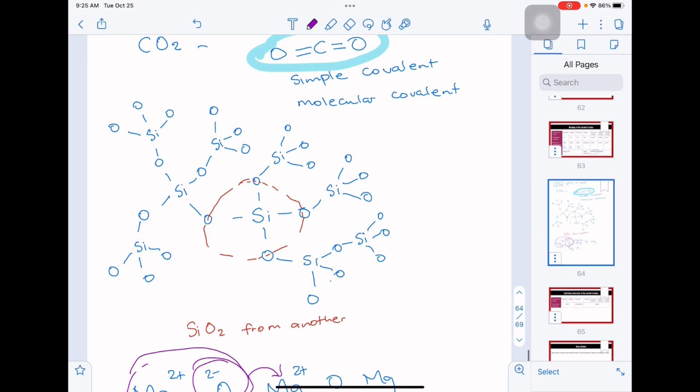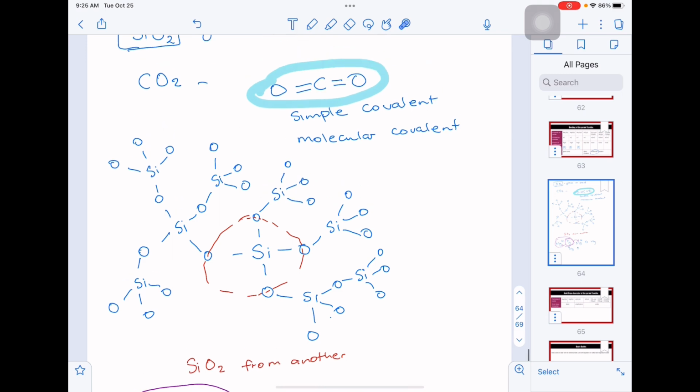Okay, this structure is very popular, and IB loves to ask for it in the test, because a lot of students will draw silicon dioxide like this. And I kid you not, I'm telling you right now, I'm going to ask this question in the test, and somebody in one of the two classes is going to draw this.